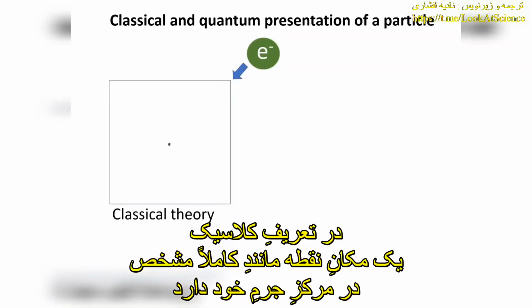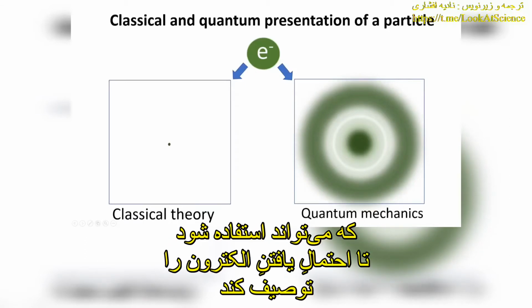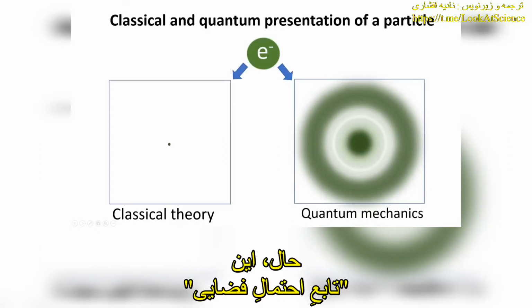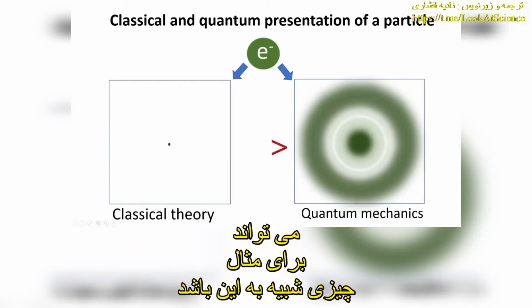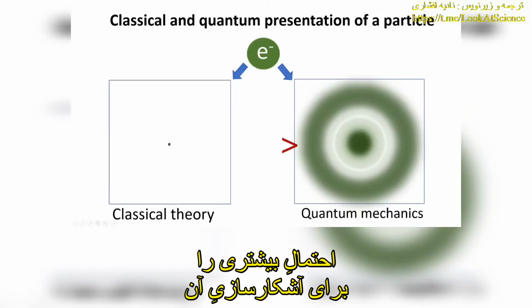In the classical depiction, it has a very well-defined point-like position at the center of its mass. But in quantum mechanics, the position of a particle is defined by a so-called wave function that can be used to describe the probability of finding the electron at a specific location in space. Now this spatial probability function could, for example, look something like this, where the dark colors indicate a higher probability to detect it.